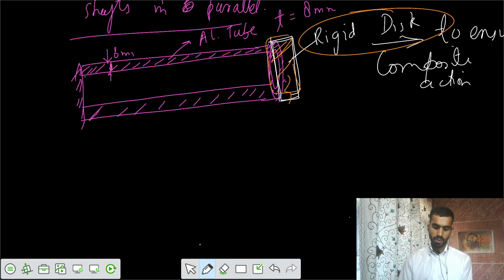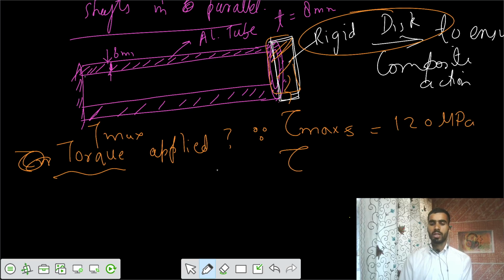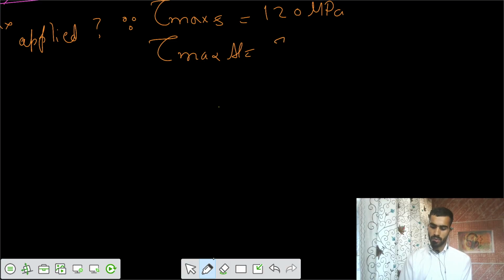Now the length is provided. And the problem says that you want to find what should be the maximum torque applied. How much maximum torque can you apply? Torque maximum, Tmax. The condition is that we have maximum shear stress allowed in the steel equal to 250 megapascal, and the maximum shear stress you can allow for the aluminum tube equals 70 megapascal.